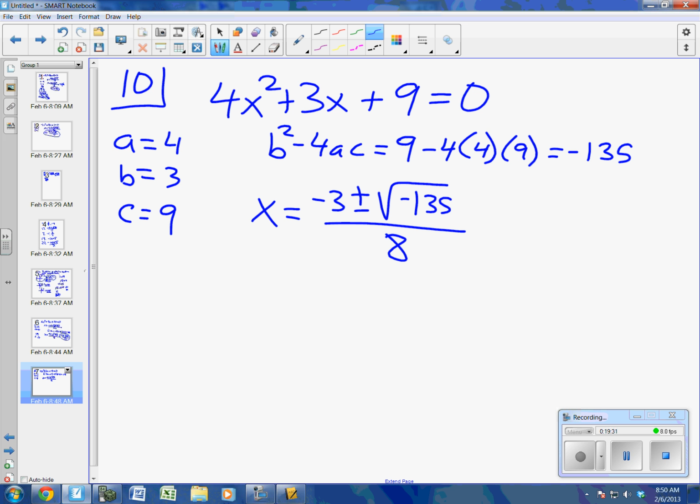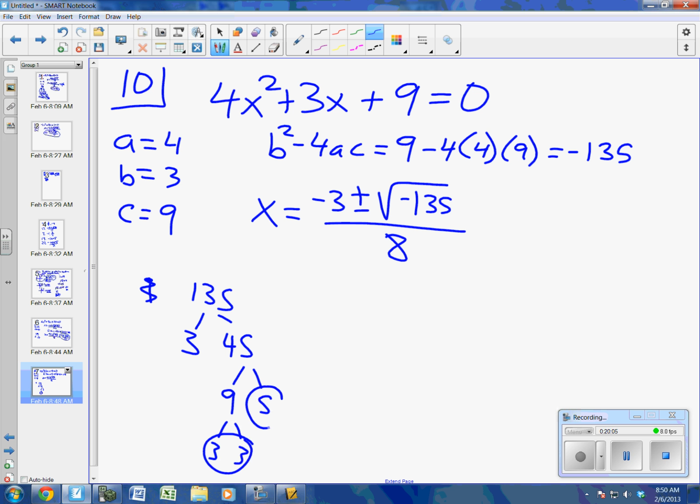Okay, 135. 3 goes into that, doesn't it? 1 plus 3 plus 5 is 9, and 3 goes into 9. So we know that 135 breaks down to 3 times 45. And 45 breaks down to 9 and 5, and 9 breaks down to 3 and 3.